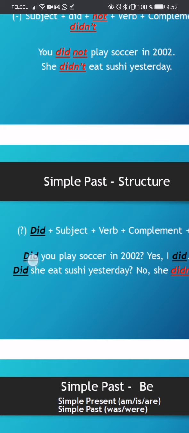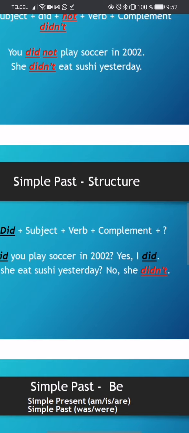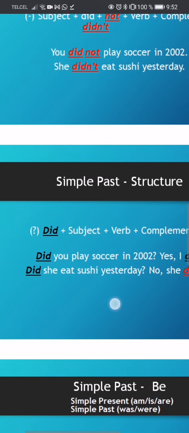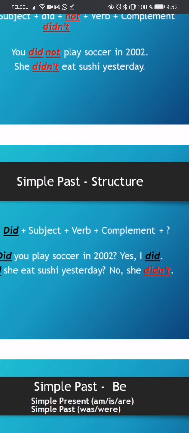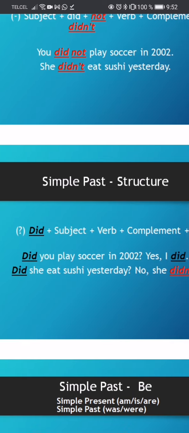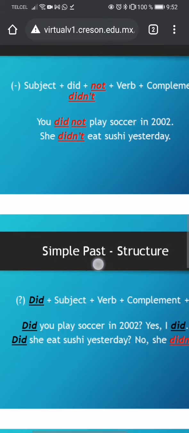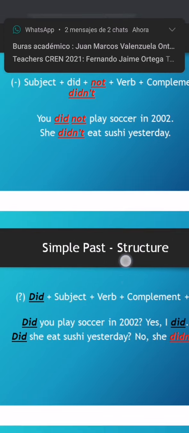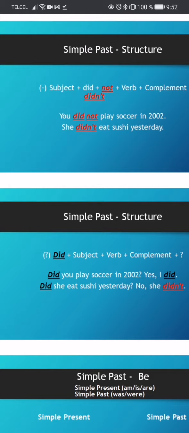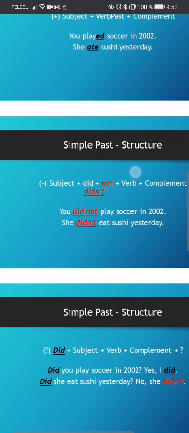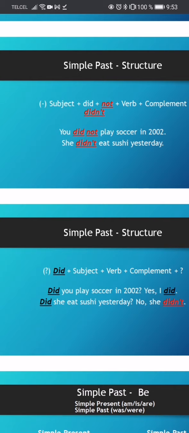In interrogative, did you play soccer in 2002? And the question mark. Yes, I did. Did she eat sushi yesterday? No, she didn't. Okay, so you notice we changed the order. We have subject did, now we have did subject. Okay, so that is the structure for the simple past in affirmative, negative, and interrogative.